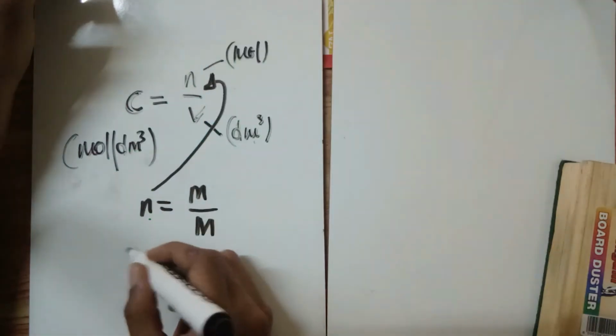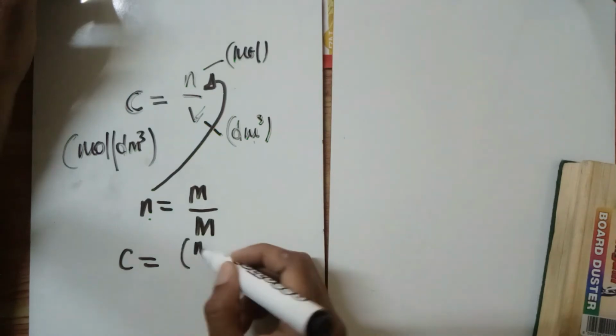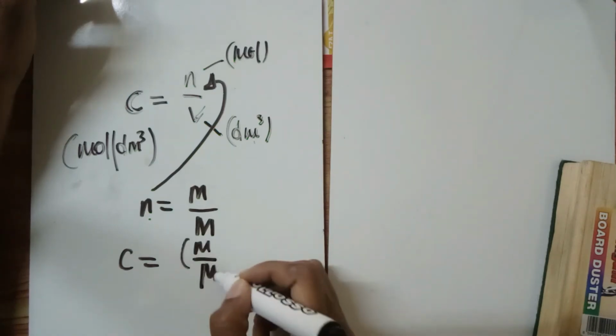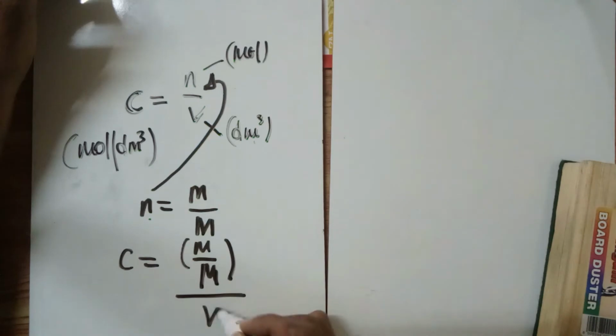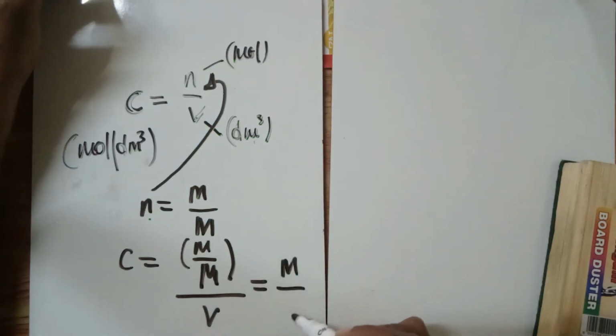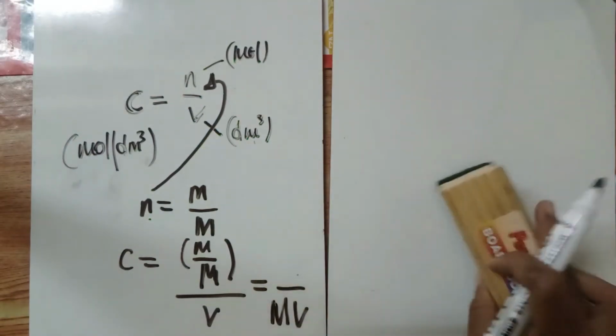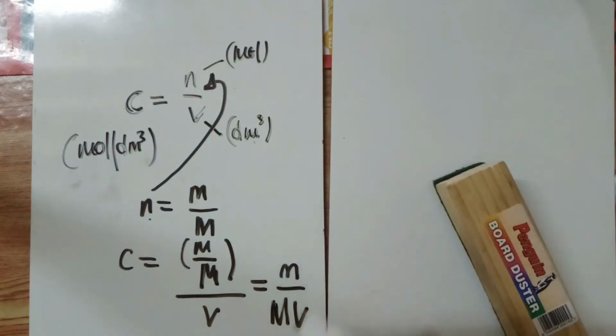And when we do that, you find that the concentration is nothing but m over M, so this is big M, all of it divided by V, which will give me something like this. If you work it out, you're supposed to come to a value of m over MV. So this is small letter m for mass, this is big letter M for molar mass, right?